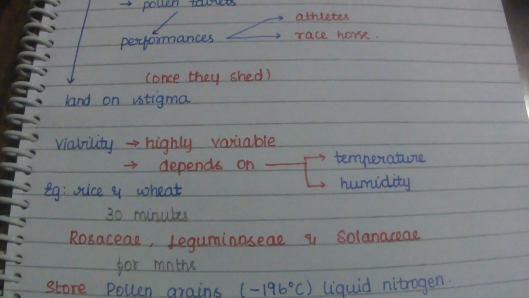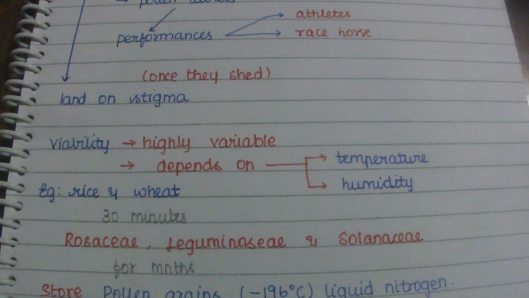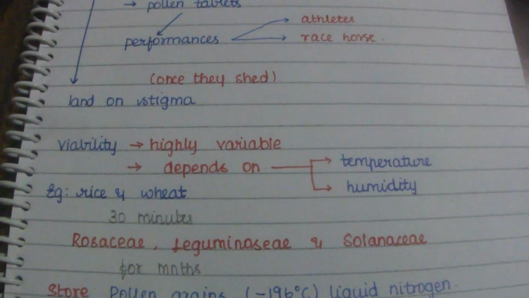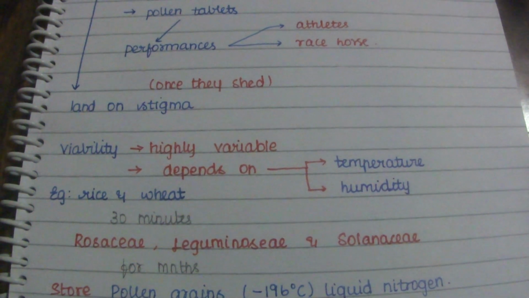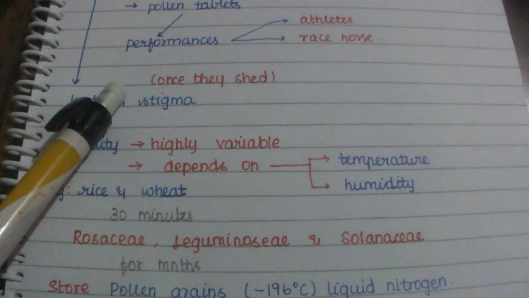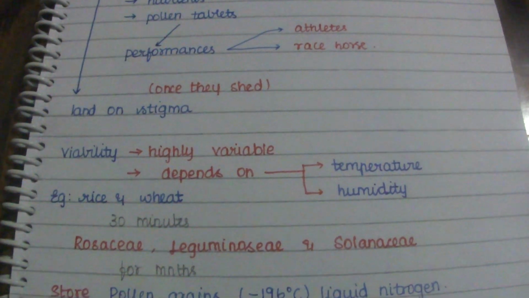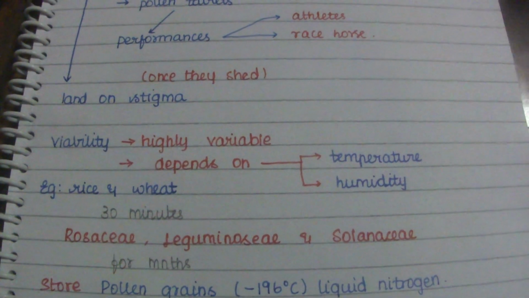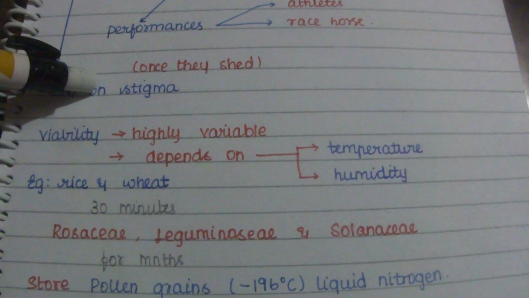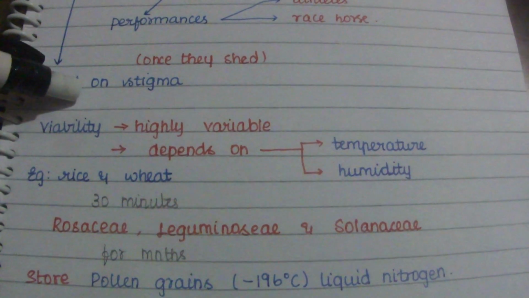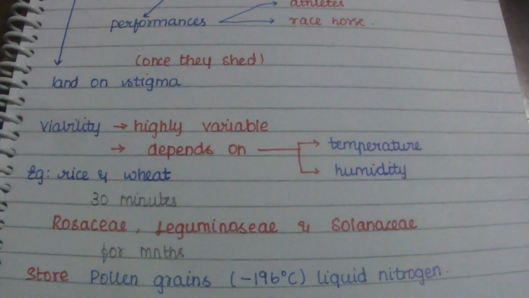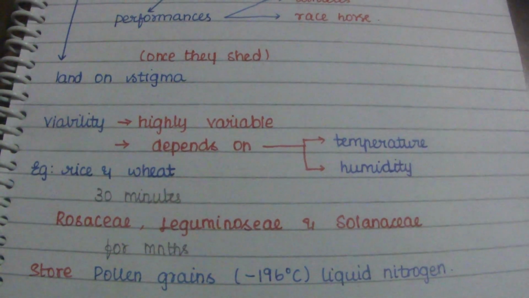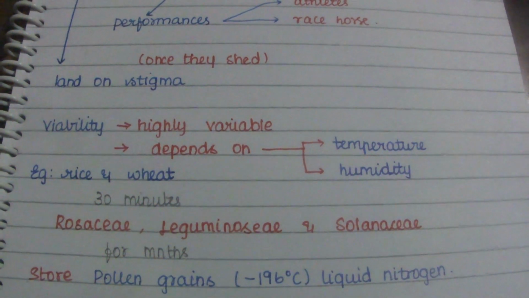Viability is their ability to bring about fertilization. Once shed, they have to land on the stigma, otherwise there will be no possibility for the further processes. But viability is highly variable and depends on the plant; different pollen grains have different viability.